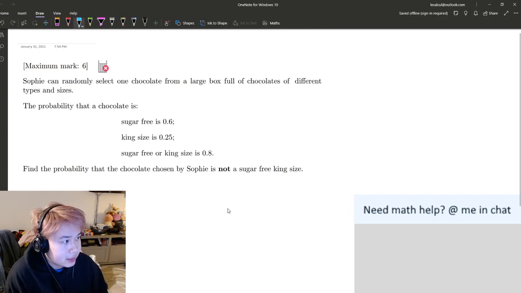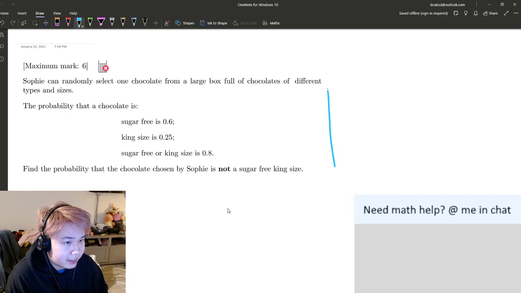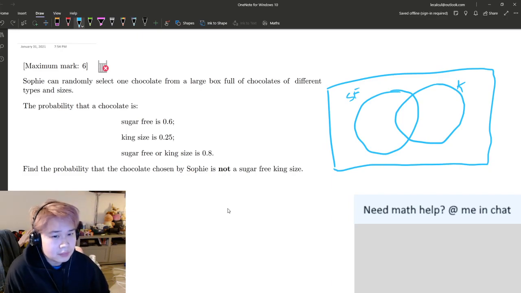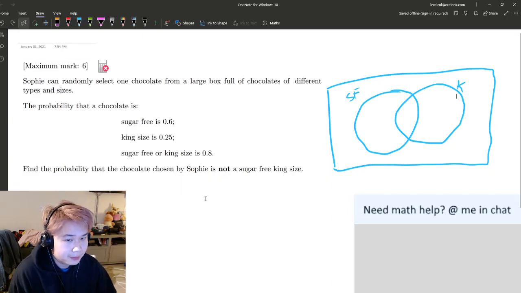For these types of questions, I recommend you always draw a Venn diagram. It's pretty clear that there's an overlap between the chocolates. So let's say you have your sugar-free and then your king size. Sugar-free is 0.6.